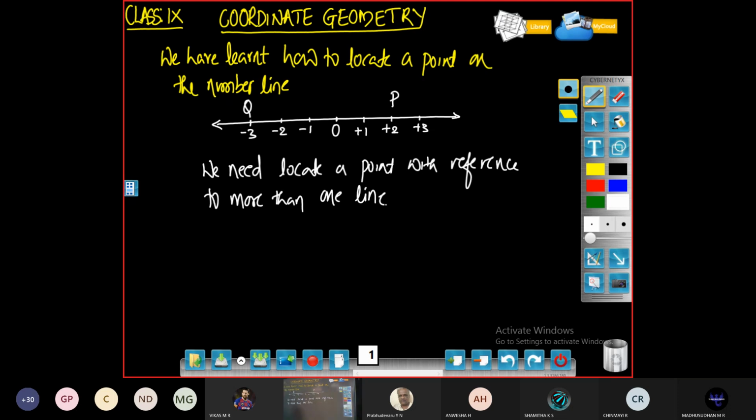See here, in the first example, we have done only one line. From 0, this starting point, that is called the origin, from there we located the point. So there are certain situations where we need to locate the point with more than one line.